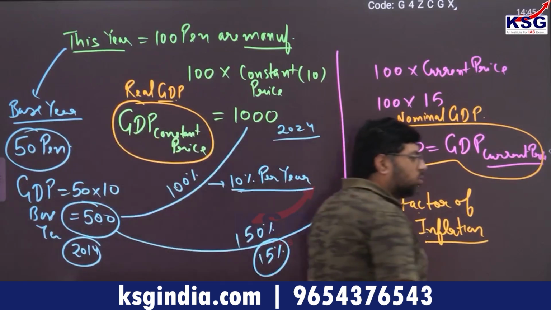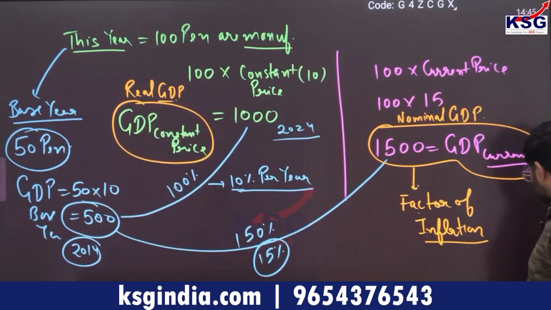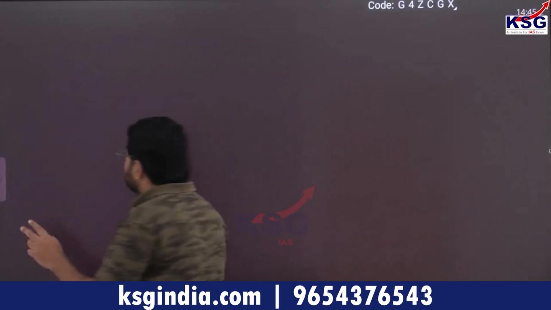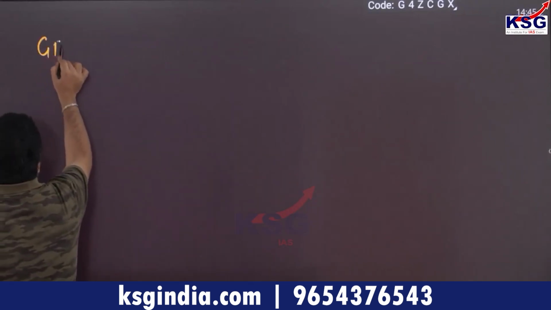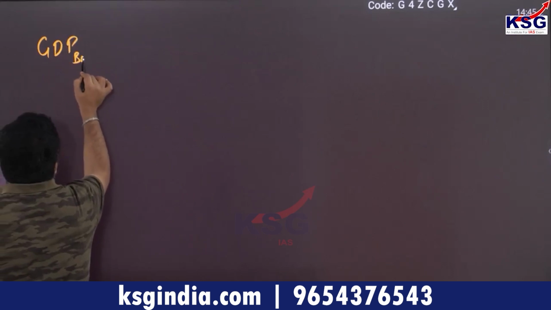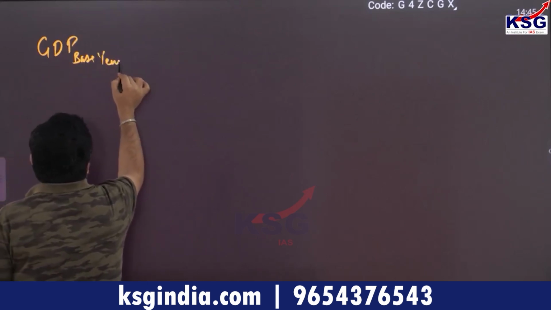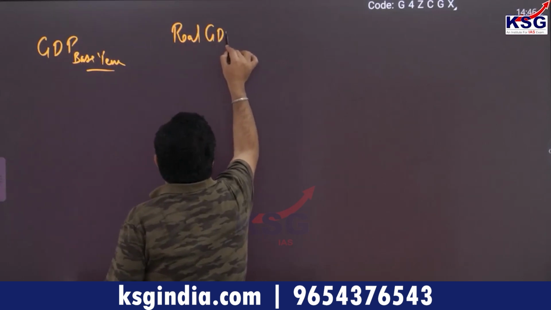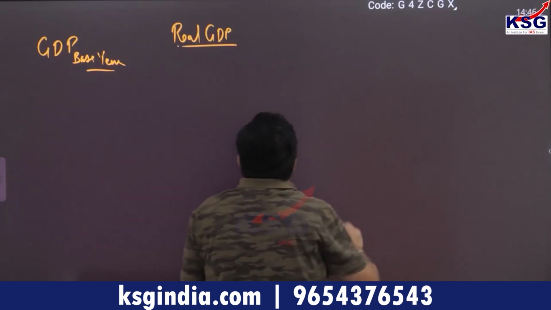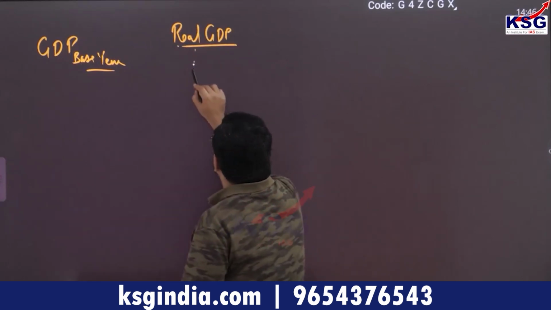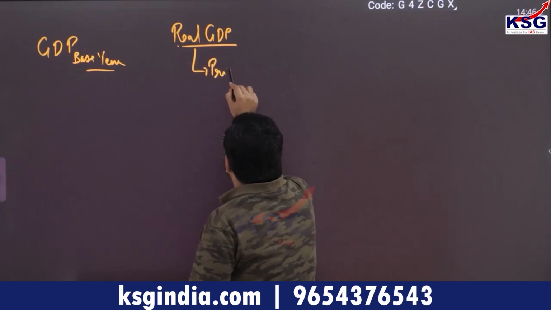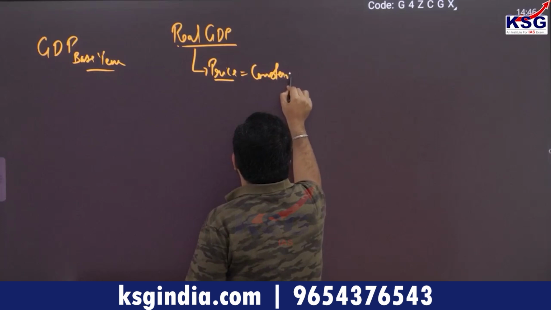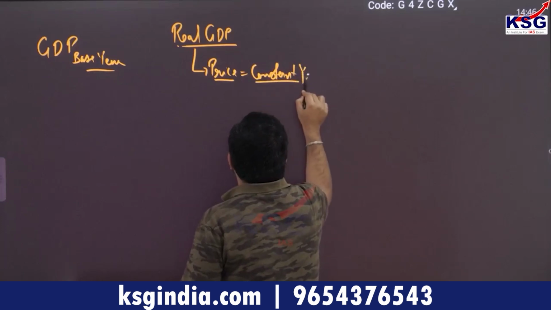If it is not understood, let's look at one last example. We have three values: one is GDP of base year, another is real GDP, which we calculate by taking the prices of the constant year. So what are we doing here? Whose prices are we taking? Prices of the constant year, that is the base year. When I use the word constant year, it means I am talking about the base year.